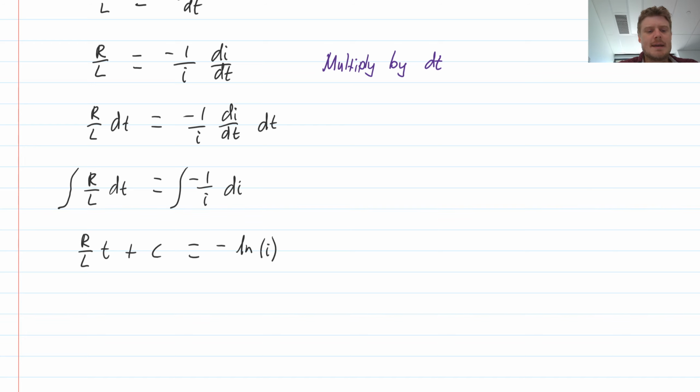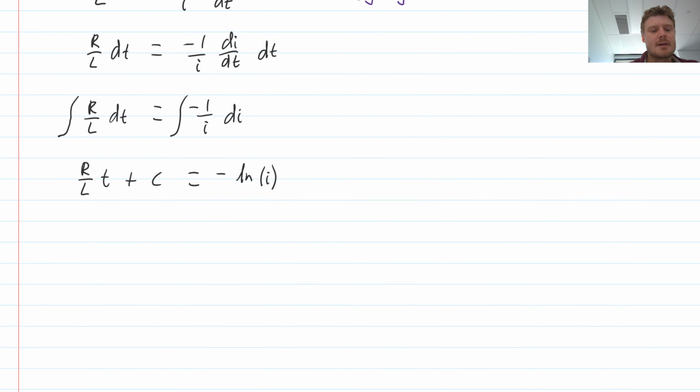So at this point I can simplify this equation a little bit. If I bring the minus to the other side, then I will have the following expression: negative r over L t minus c.